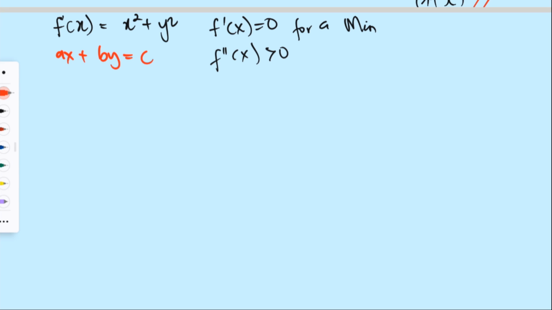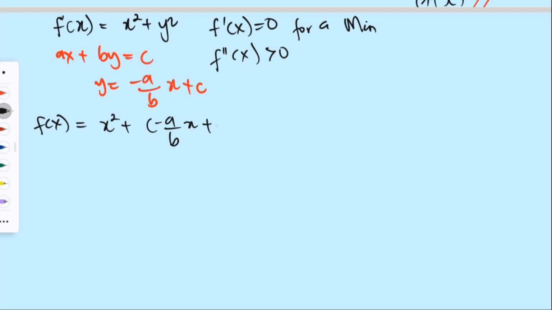Over here, we have y equals negative a over b x plus c over b. Okay, perfect. So now we can substitute. It means f of x would be x squared plus y squared, so x squared plus negative a over b x plus c, all squared.